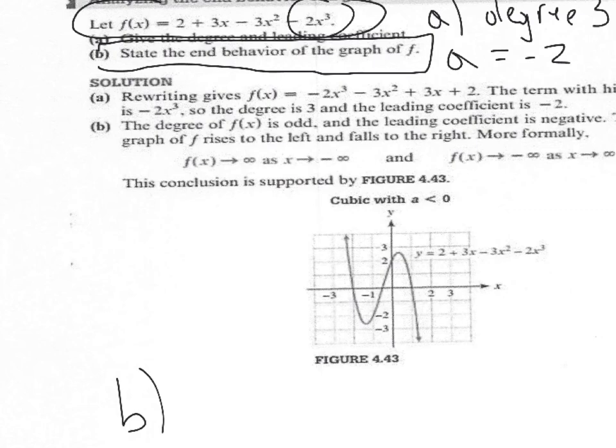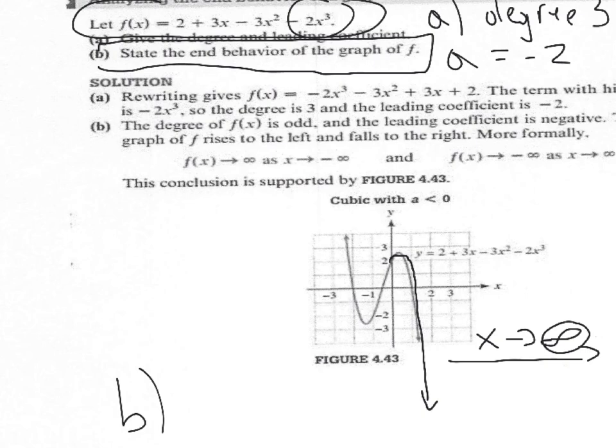What is happening to the function as you go to your right? In other words, when x increases, so when x approaches infinity, this symbol means infinity. When x gets bigger and bigger, what is happening to the function?